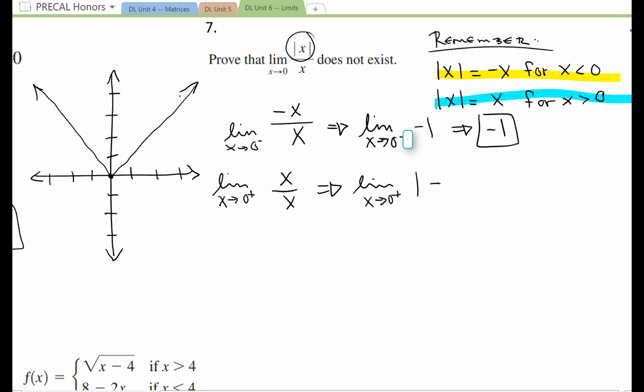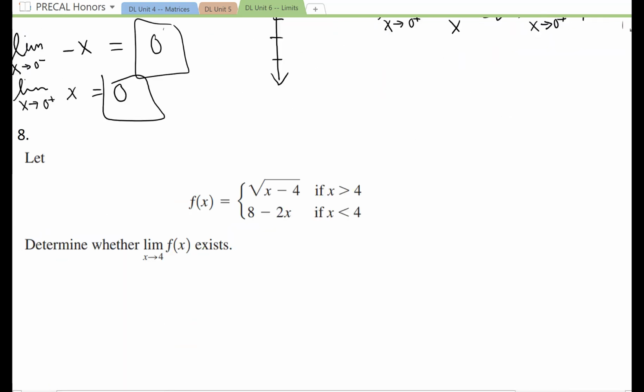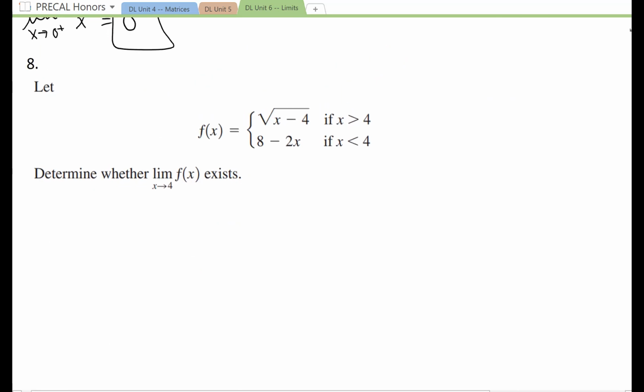This gives us positive 1. The right-hand limit is 1, the left-hand limit is negative 1. Therefore, these 3 little dots mean therefore in mathematics. Therefore, the limit does not exist.